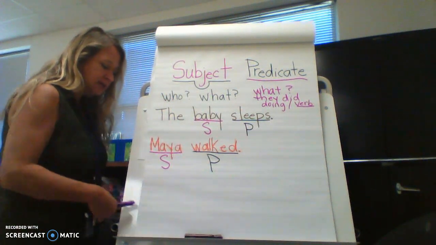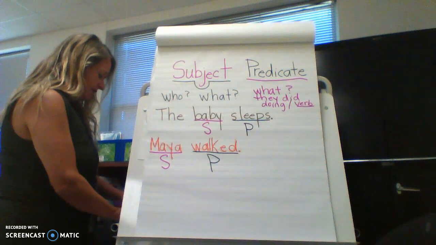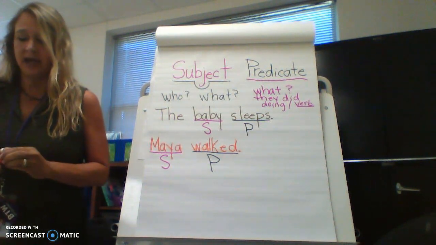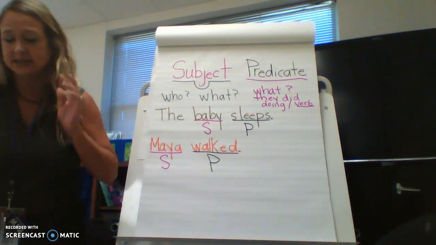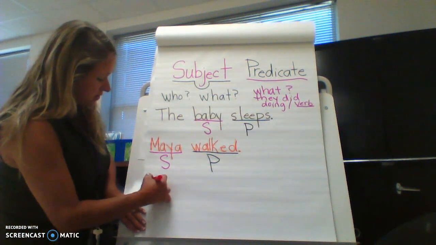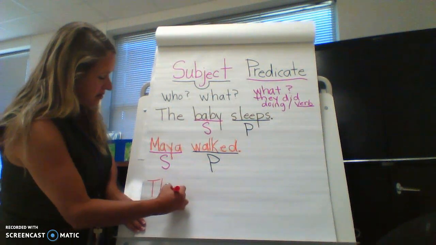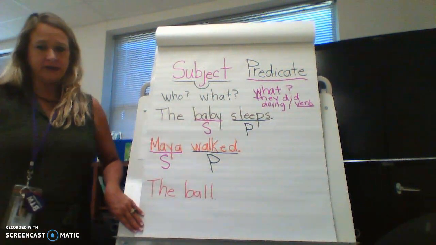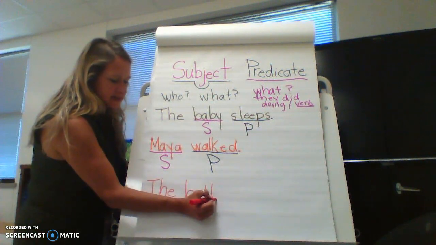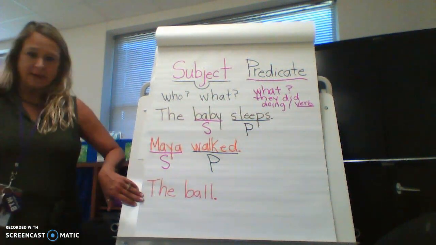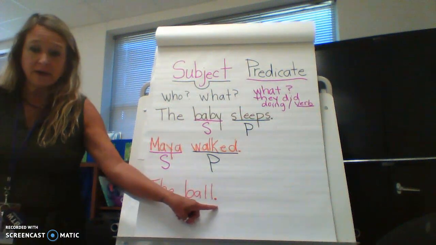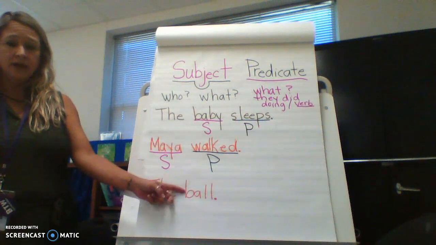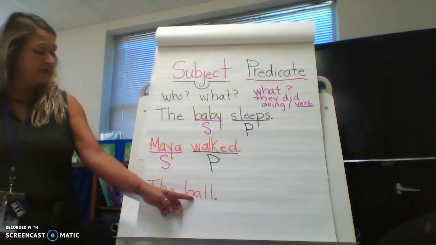All right, so let me show you an example of not a complete sentence, okay, and why it's not a complete sentence. All right, so if I wrote the ball, period, is that a complete sentence? It's got a capital letter. It's got a period. It's got a naming part, the ball. What did the ball do?